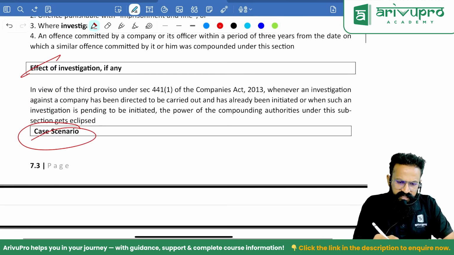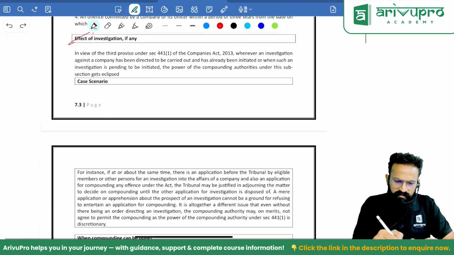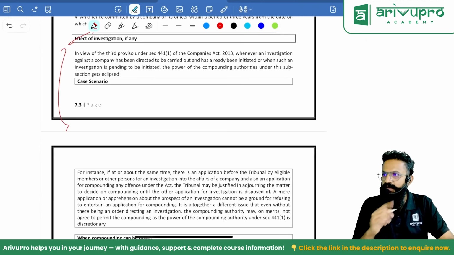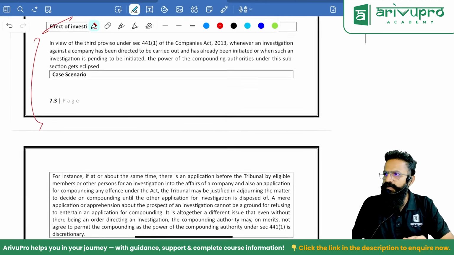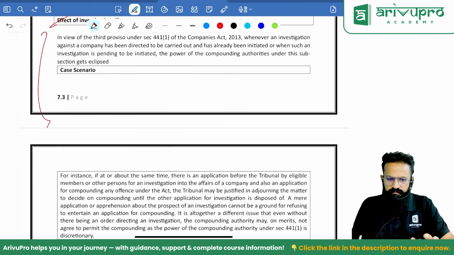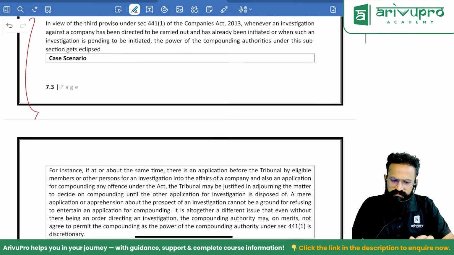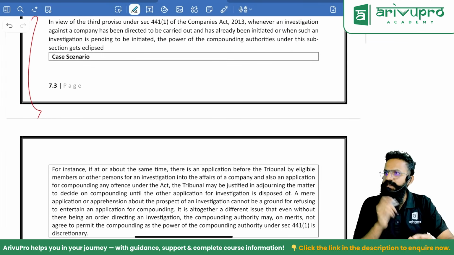Effect of investigation, if any, they have tried to give this. See if you are able to understand something from here to here. Now clear? Able to see? Try to read.